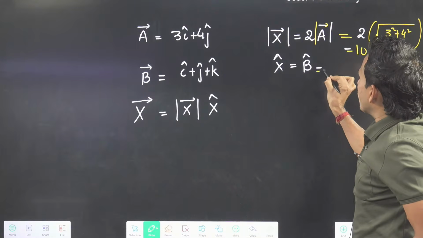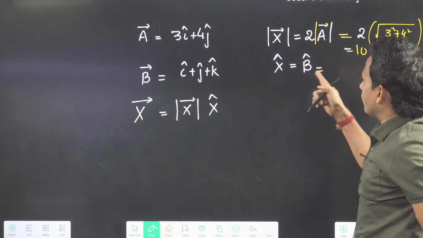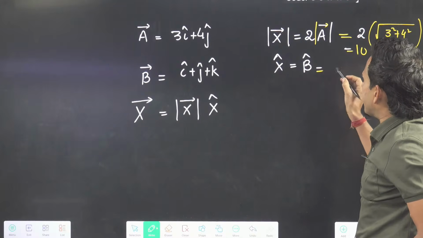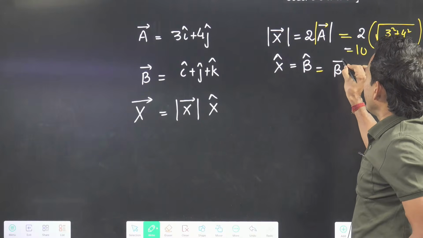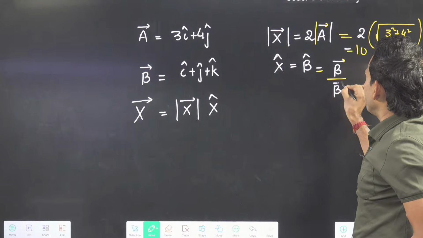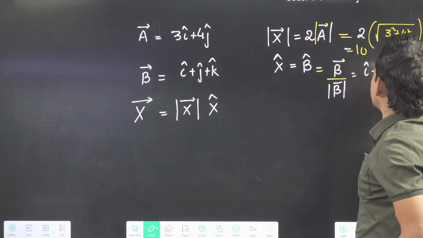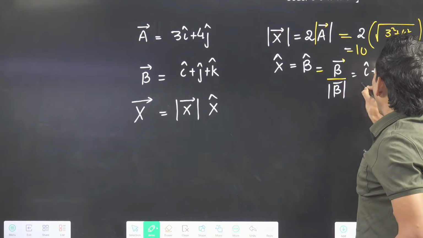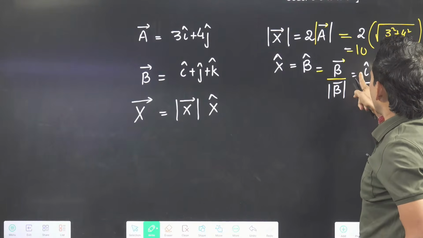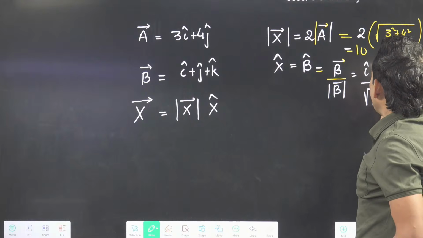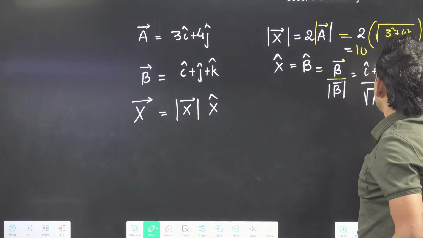Now B cap you can find. X cap is same as B cap because it has the same direction as B bar. B cap is B bar by B mod. B bar you already have: I cap plus J cap plus K cap. B mod you can find: under root of Ax square plus Ay square plus Az square, 1 square plus 1 square plus 1 square.